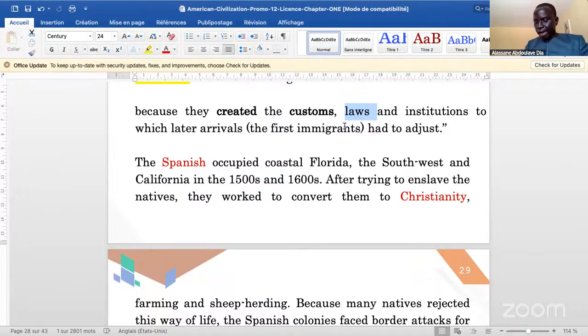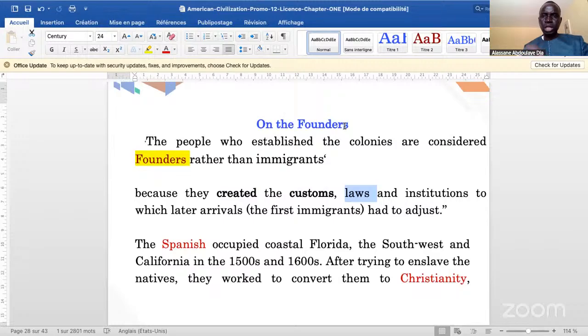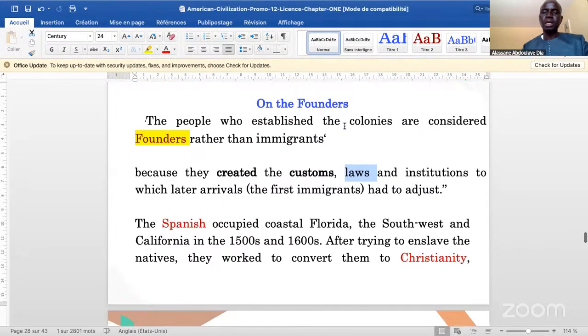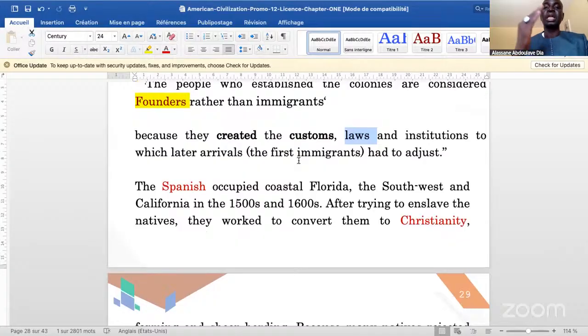Is it clear, class? I repeat, the founders are those who established the colonies. They are not immigrants because they are the pioneers. It is they who founded the colonies. They are founders. Why? Because they created the customs, les coutumes. They created the laws, the culture, and institution.